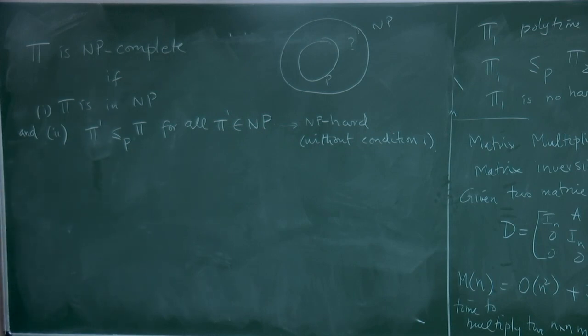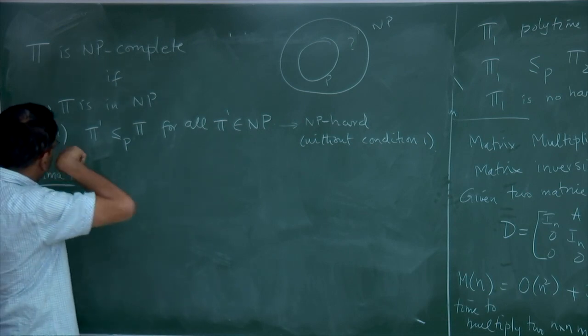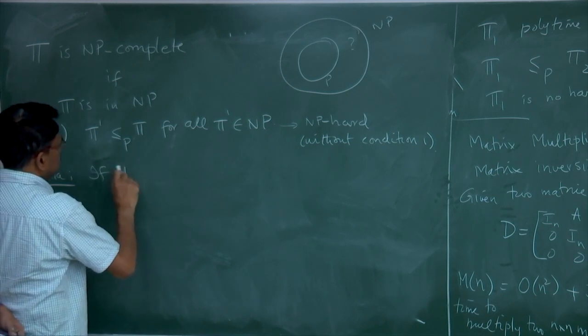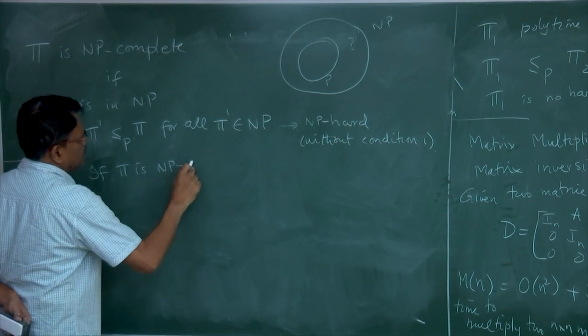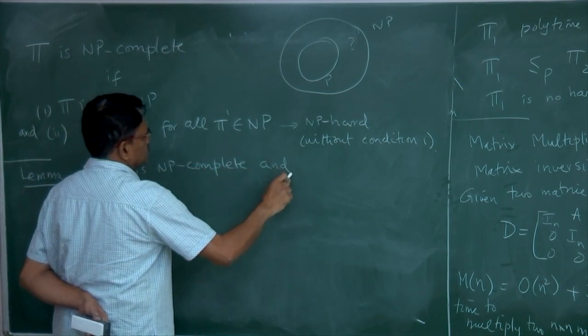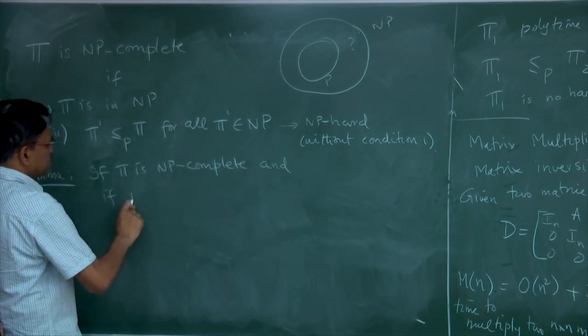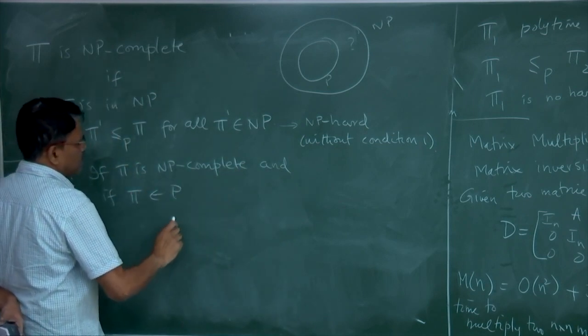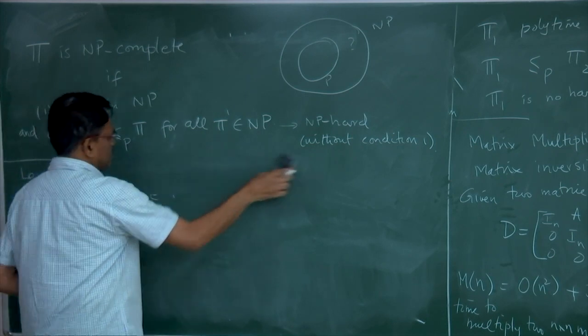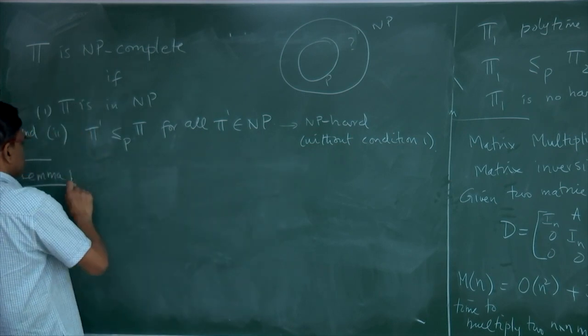But what can we say? Here are some interesting immediate conclusions we can say, which is that if pi is NP complete, and if pi is in P, now before that, let's write this.